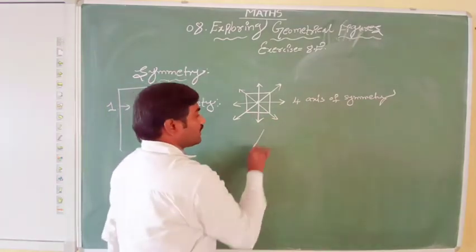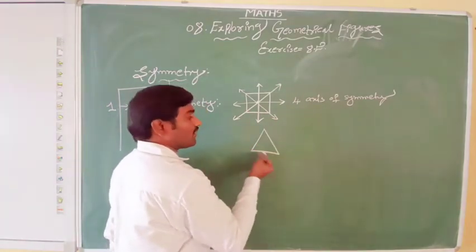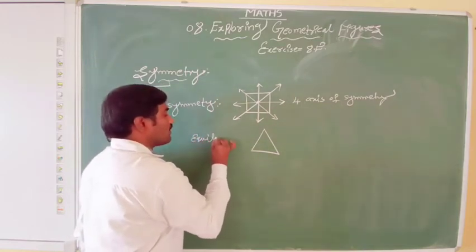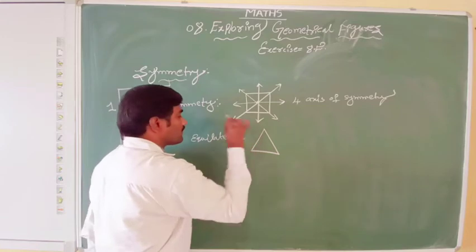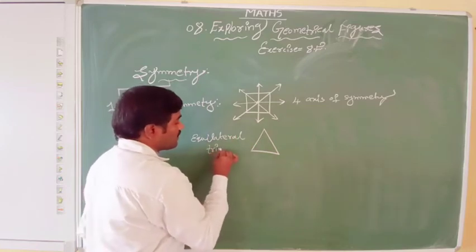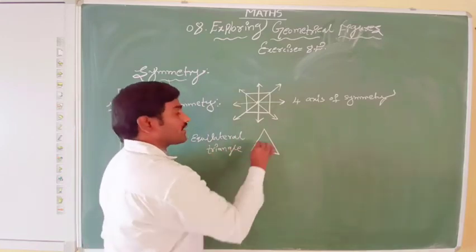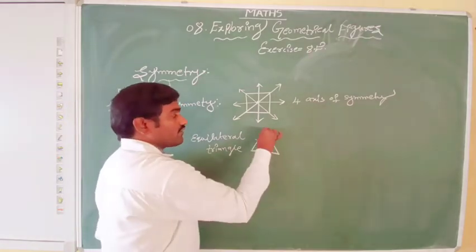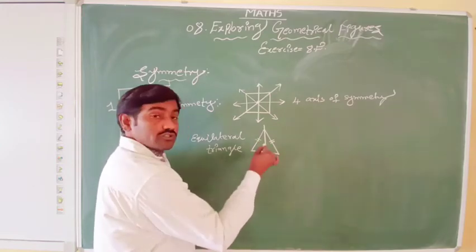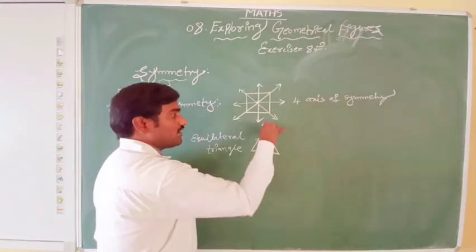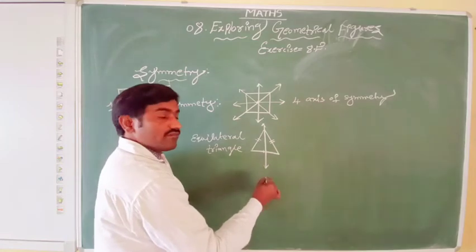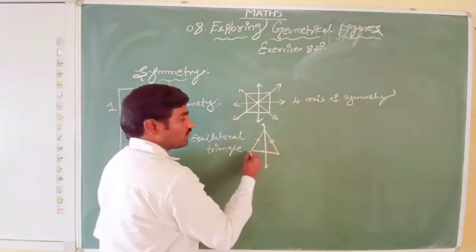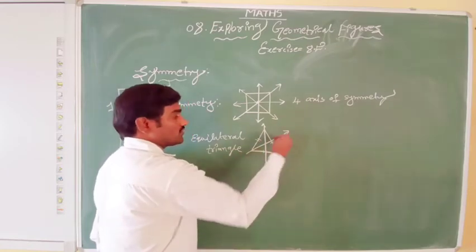If I take an equilateral triangle, where all three sides are equal, you always remember that from a vertex to the opposite side we can draw a line, when all the sides are equal. We have to go from vertex to opposite side.